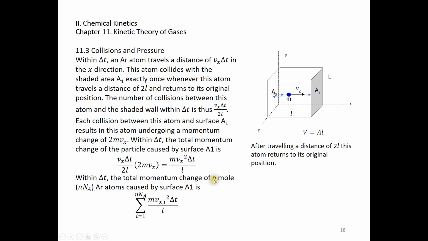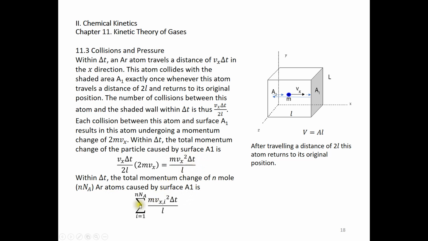But what if we have n moles of particles? When we have n moles of particles, we have n times Avogadro's number of atoms or molecules or particles. So we have to sum up all this for all particles.